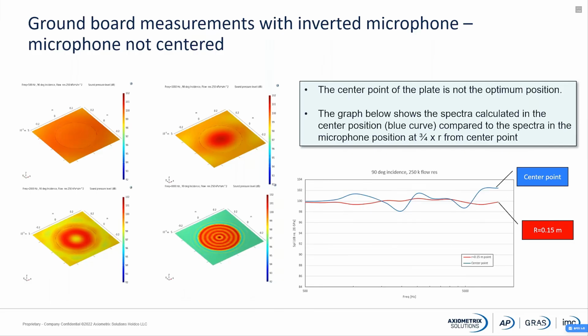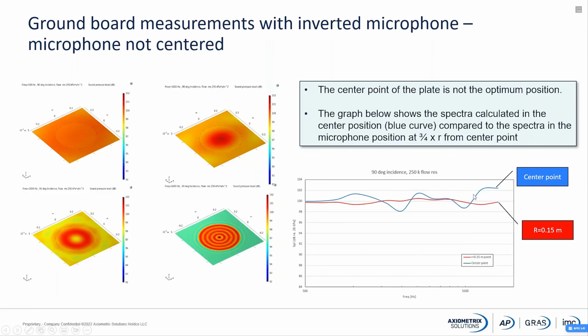We have been simulating this plate using COMSOL, and we have been moving the microphone to different positions. If you take a look at this curve here, you can see the blue curve. That is the center point. This is the low frequency, 500 hertz, and this is 10 kilohertz up here, and you can see that it is varying over the frequency range.